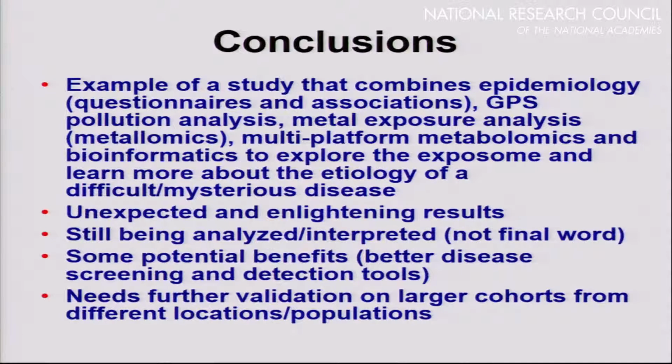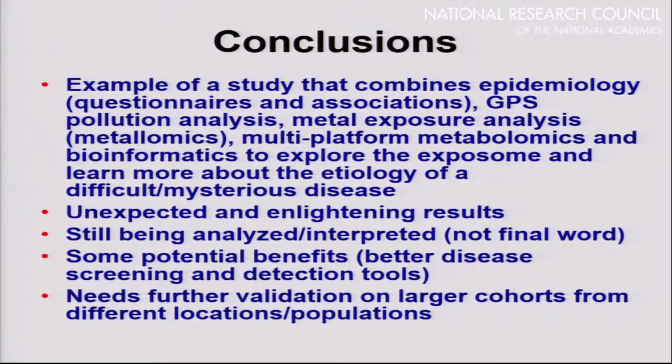So I think this is an example, as I say, a useful case study where we've combined epidemiology. So we used classic questionnaires and associations. We've used some GPS pollution analysis. We looked at metal exposure analysis, which potentially explains this modification in the metallothionein, which was a puzzle.